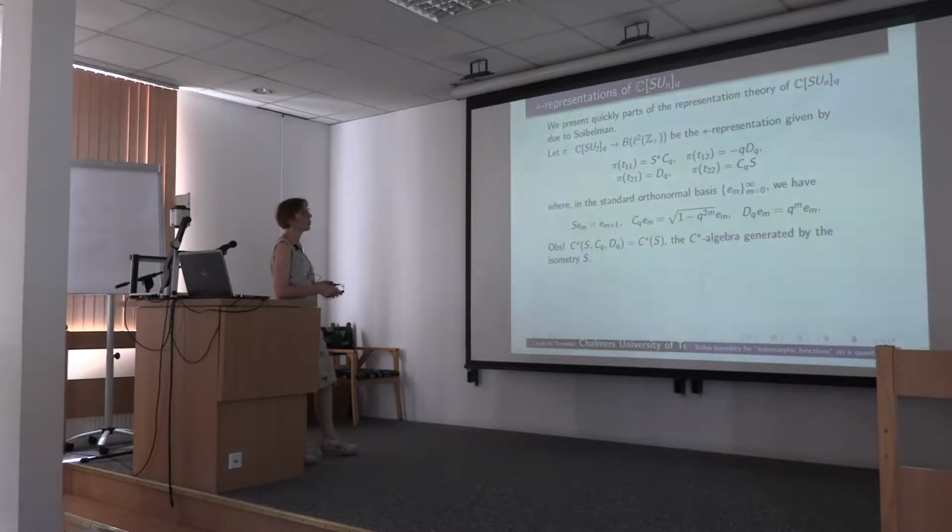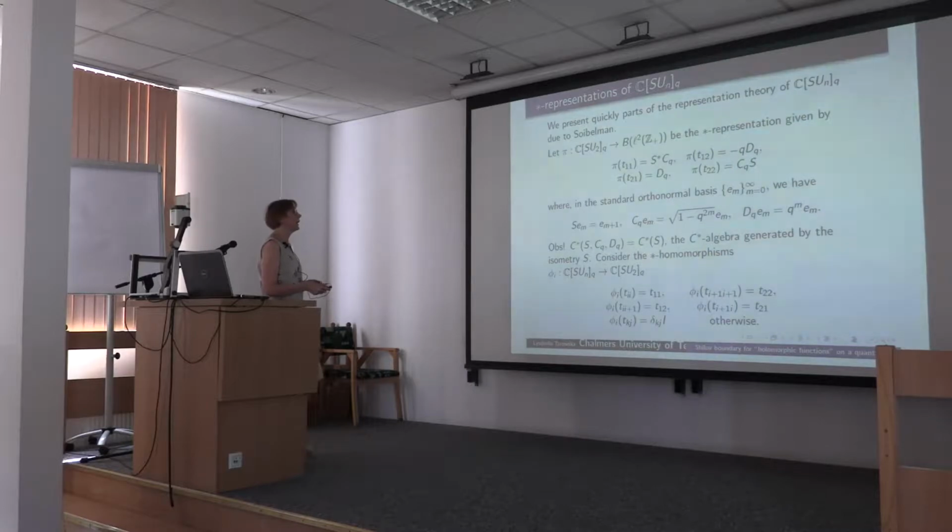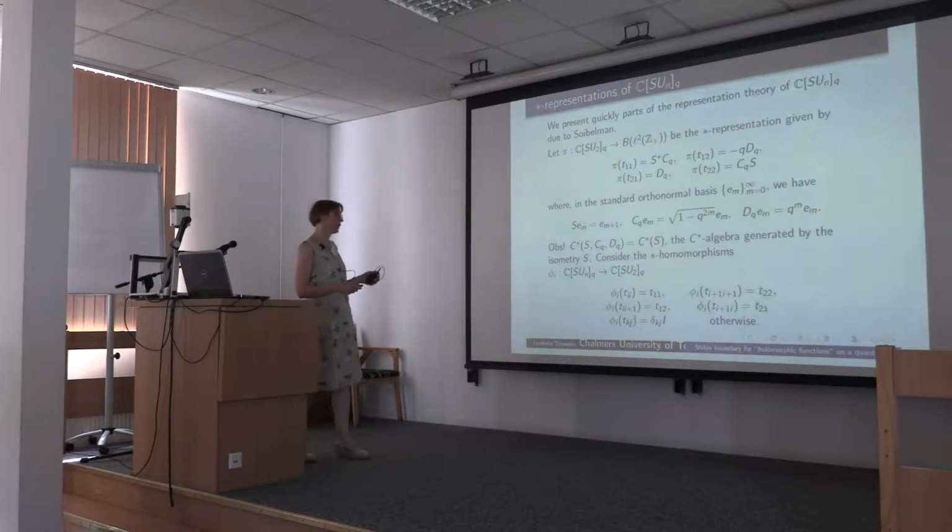This algebra is also called the Toeplitz algebra, the algebra generated by an isometry. Okay, and then let's consider also the following homomorphism from SU_n,q to SU_2,q, which is given in this form. In principle, it is such that we put SU_2 on some diagonal.